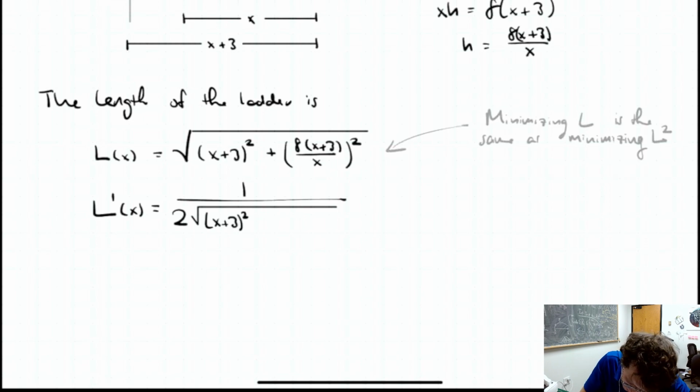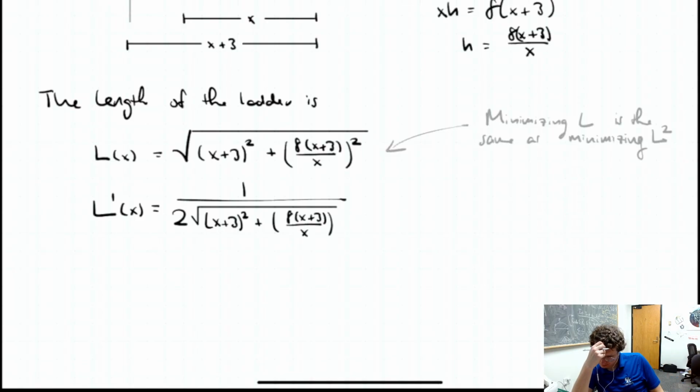The derivative of the square root of something is 1 over 2 times the square root of that thing. Ooh. You know what? I actually want to simplify.